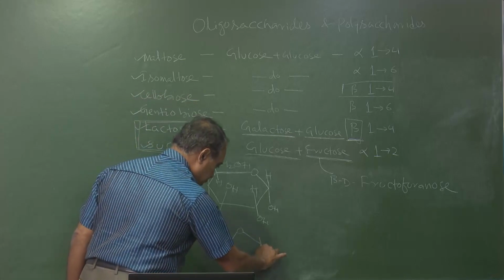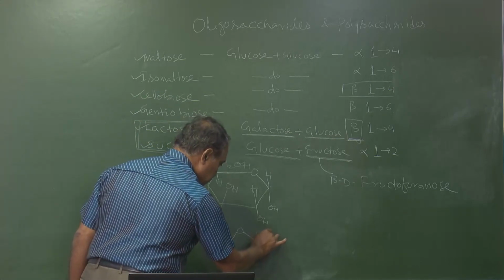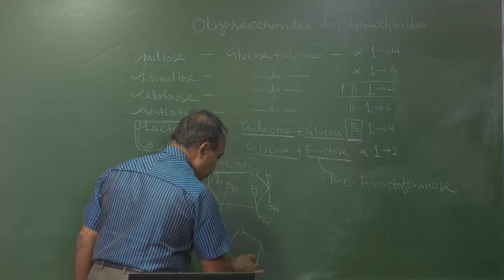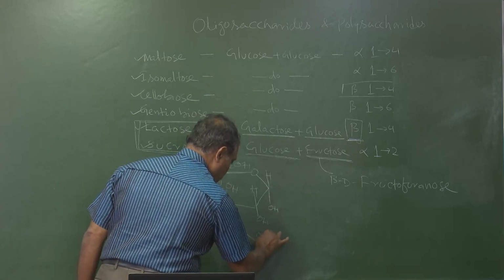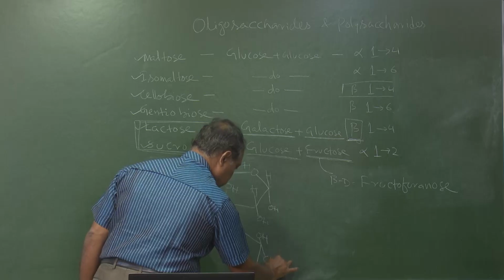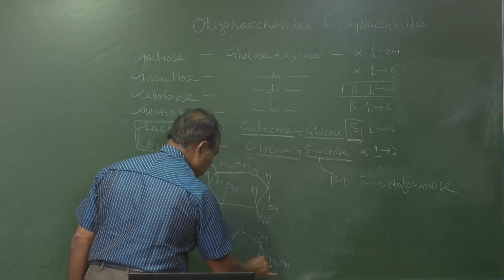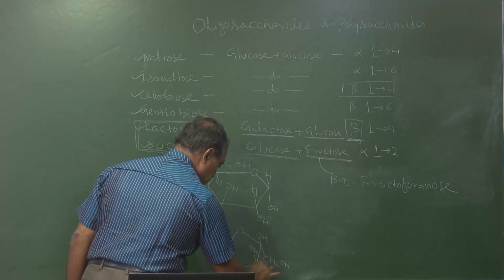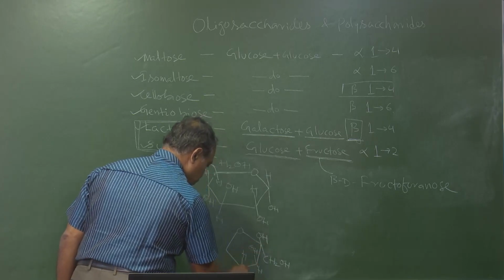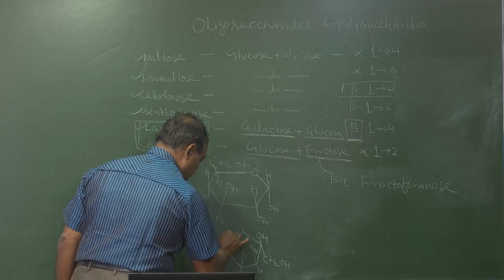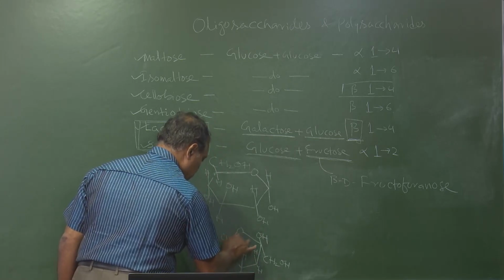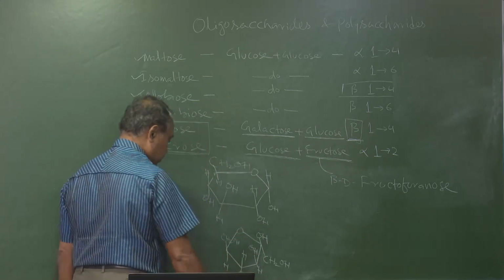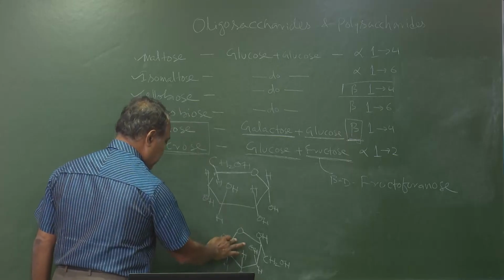So here it will be OH, CH2OH in beta form, OH, H, OH, CH2OH and H. We can write it this side.